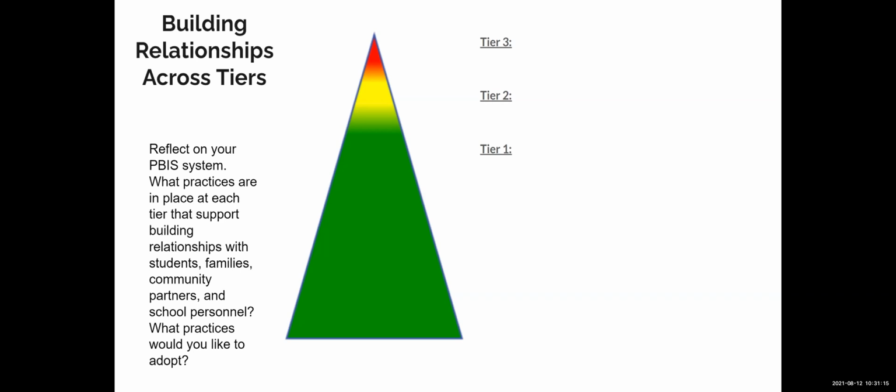So asking yourselves, what practices are currently in place that we're utilizing to build relationships with students, families, and community partners? And then what practices might we want to adopt? So maybe there were some new practices that we talked about today, or maybe a framework that you might want to explore that can help you change or tweak some of the strategies that you're currently utilizing within your building. So we want to make sure and give you this tool.